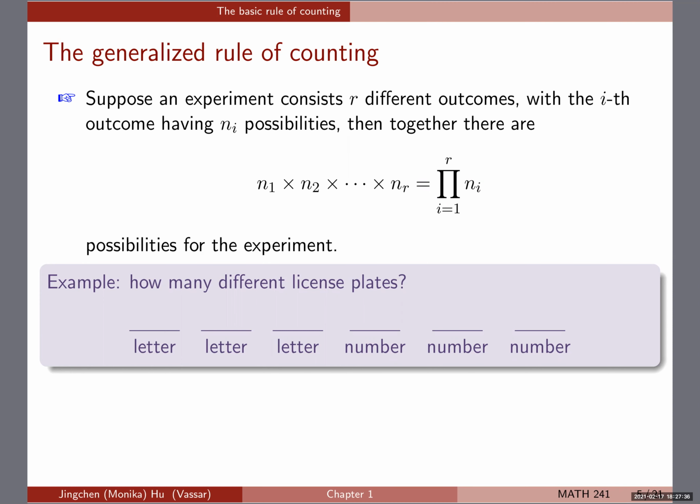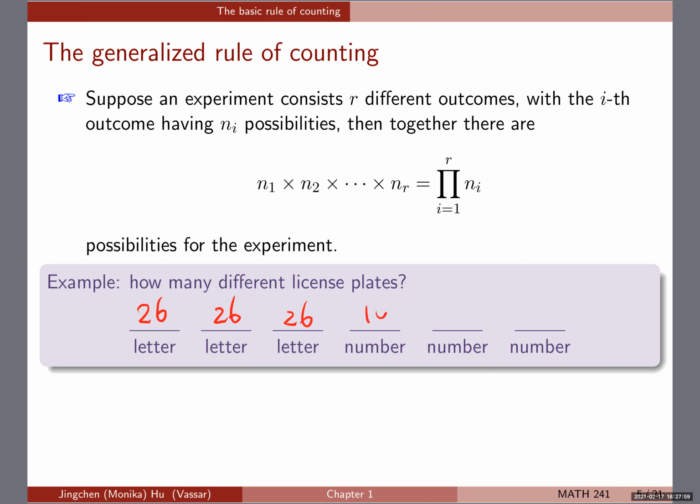So to answer this question using the generalized rule of counting as we know now, the first digit has 26 letters that we can choose from, right? So that's the first outcome with 26 possibilities. Second is also 26. Third is also 26, okay? And numbers are 0 to 9, so there are 10 different choices.